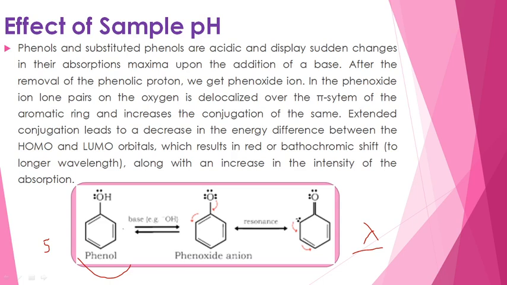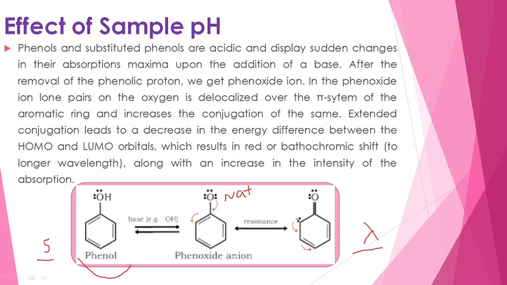One more observation here is that phenol is acidic. Treating the acid with base, you get a salt, that is phenoxide ion. Generally when an acid is treated with base, you will get a salt. Simply this is sodium phenoxide. What is the pH value for a salt? A salt will exhibit a pH in the range of 7.